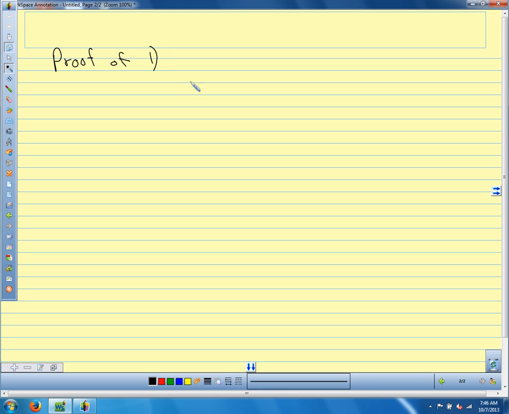We're going to say that we have this limit as n approaches infinity of a sub n plus 1 over a sub n is some r, which is less than 1. So assume that that limit exists and it's less than 1.